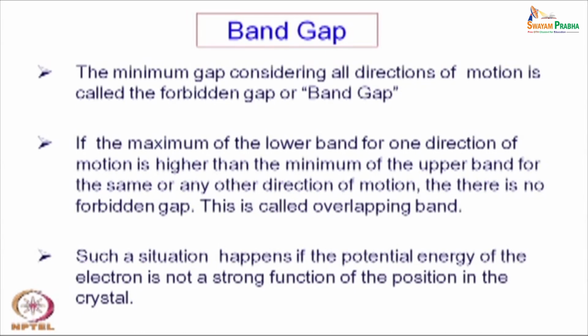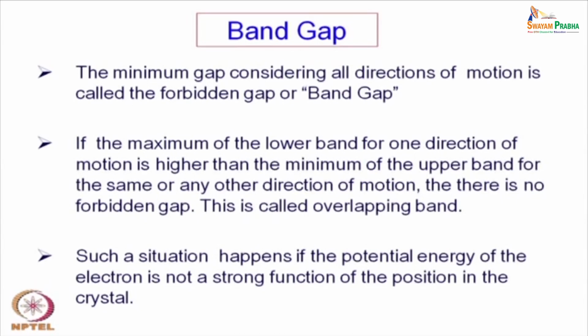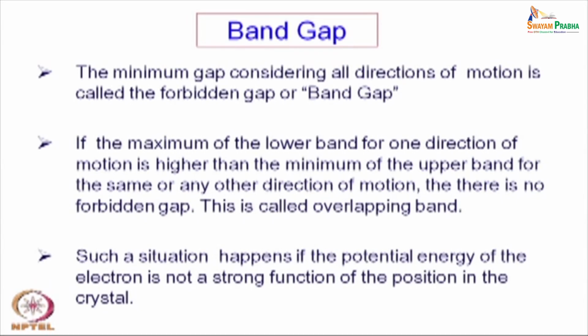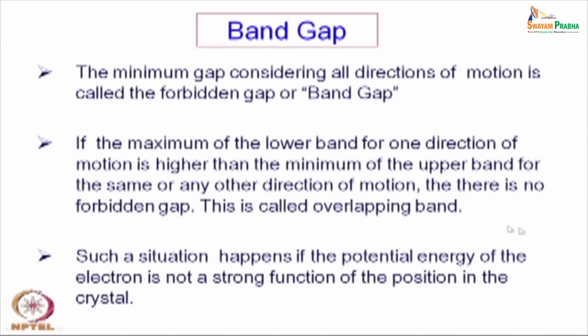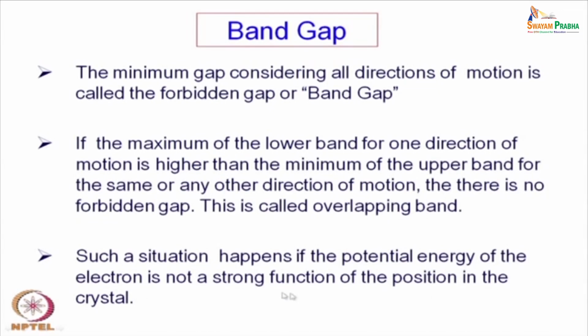So, if the variation is very strong, then the overlapping of bands may not occur. So, overlapping bands happen if the potential energy of the electron is not a strong function of the position in the crystal.